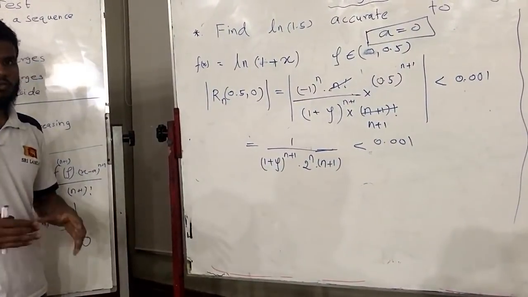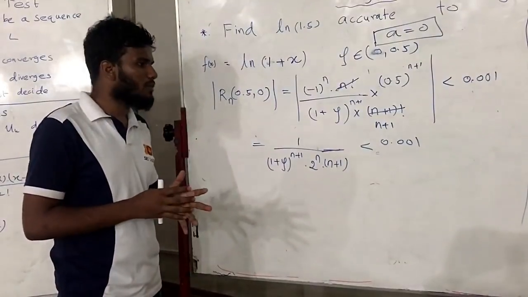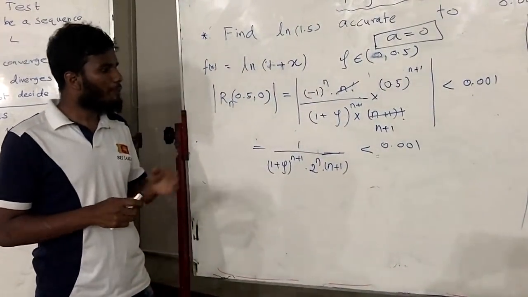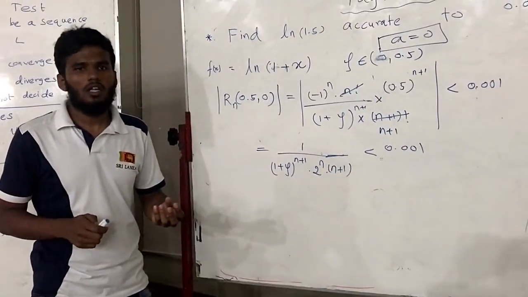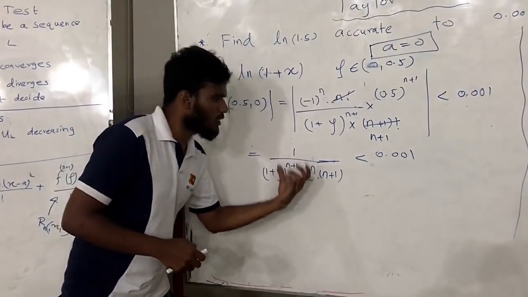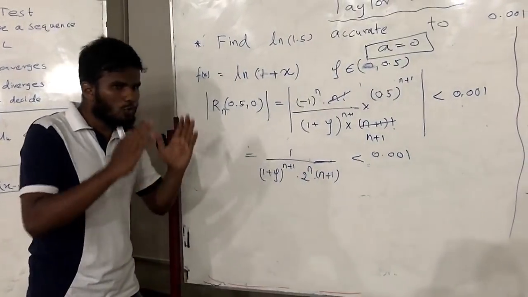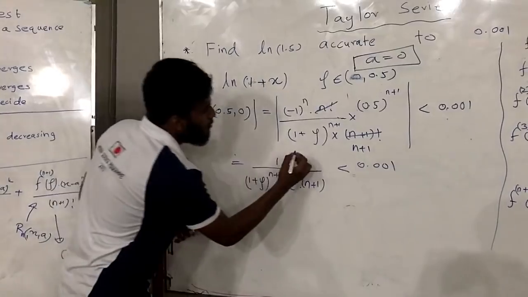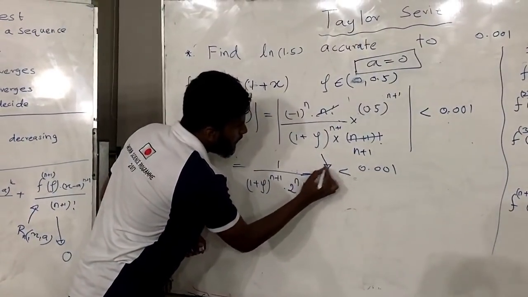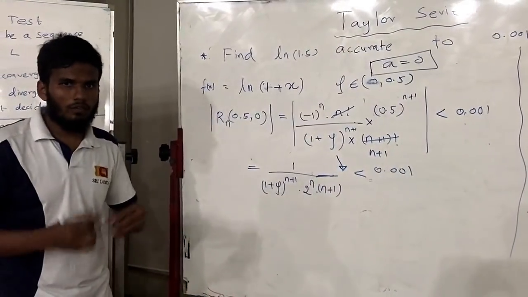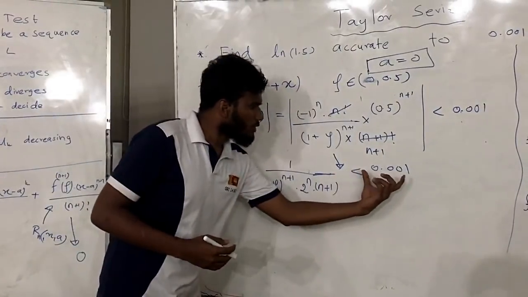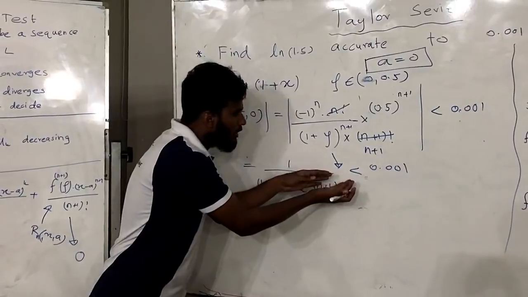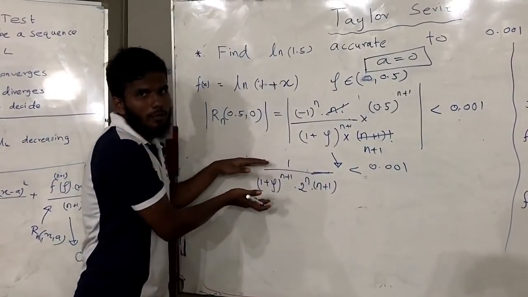But usually in these kinds of problems, we need to find an upper bound or the required bounds. If we can bound something here by a known value, and that known value is less than 0.001, then this will also be less than 0.001.